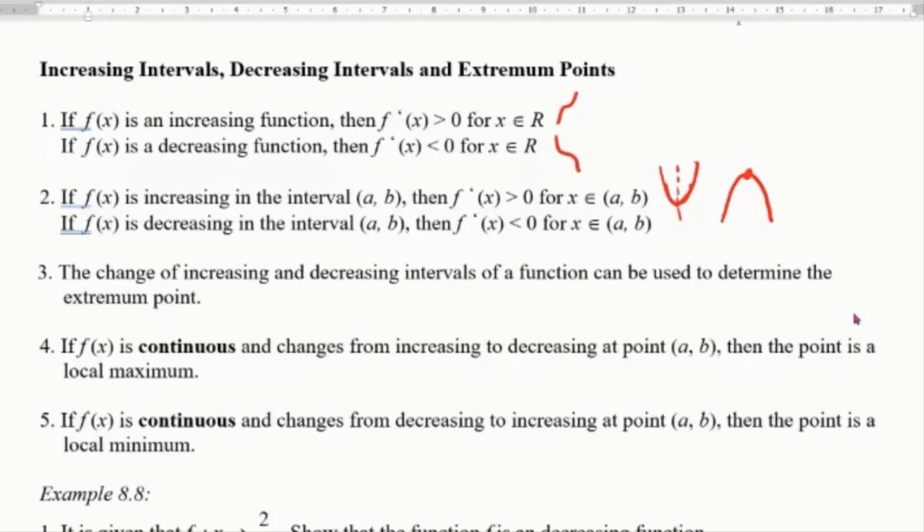For example, this one is increasing and changes to decreasing, but this point is not continuous. So even though the graph changes from increasing to decreasing, it is not an extremum point. So the condition is that f(x) must be continuous.